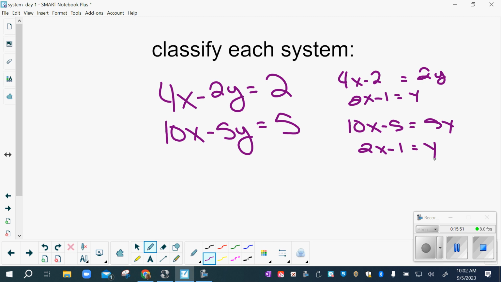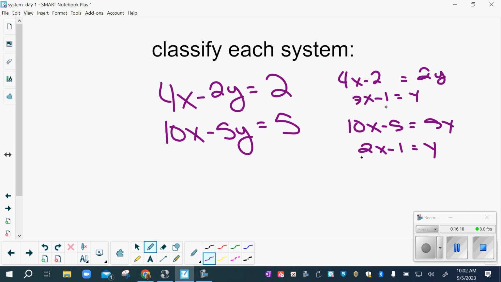Look at that. They look tricky. They look different. But you know what? Slopes are the same and the b's are the same. That's the same line. I get many answers, which means they are consistent but dependent. They lay on top of each other.